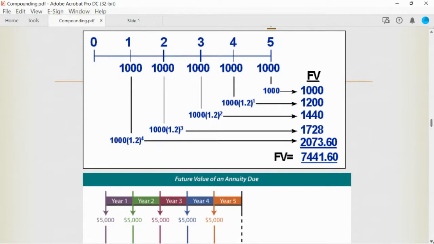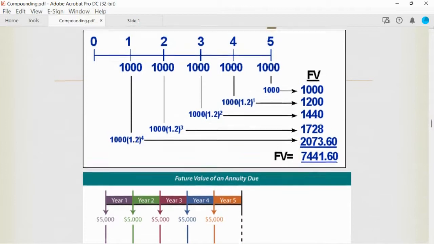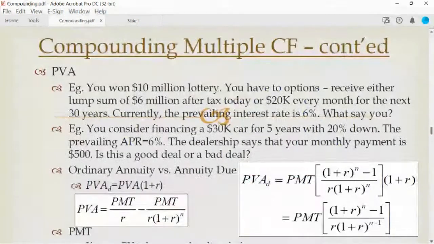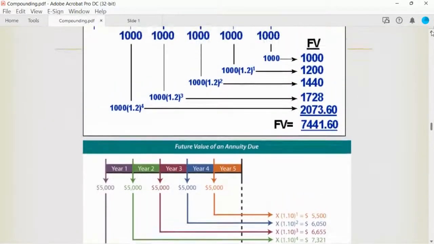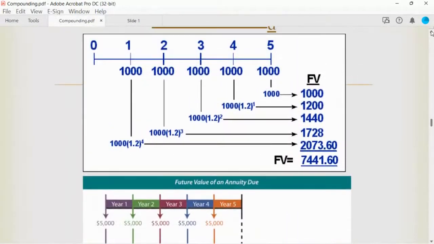So the first deposit will be compounded 4 times, because it's 1,000 times 1.2 raised to 4. For 4 years, it's going to get compounded.